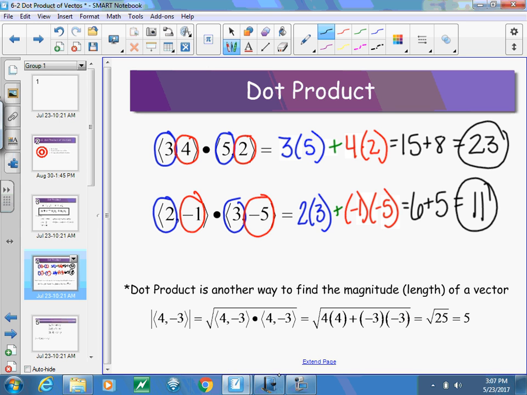You're using your Pythagorean theorem. Well, if you take the square root of the dot product, you will get the same thing, because if you take your dot product, you're multiplying the first components together. So 4 times 4, that's giving us our 4 squared. -3 times -3, that's our -3 squared. So the dot product of a single vector with itself is another way that you can find the magnitude.